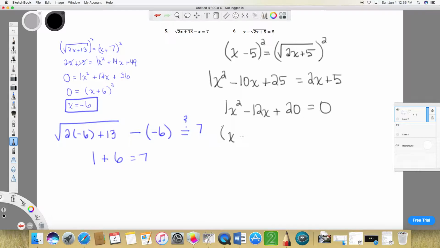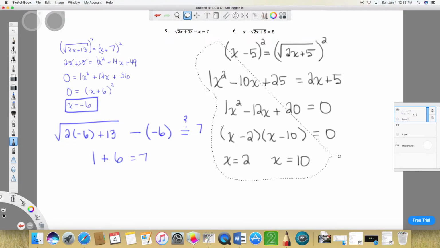I'm not very good at mental arithmetic, and sometimes it's embarrassing that I don't see something quicker. So I have possible solutions here of x equals 2 and x equals 10, but I need to check those to make sure that neither one of those is extraneous.